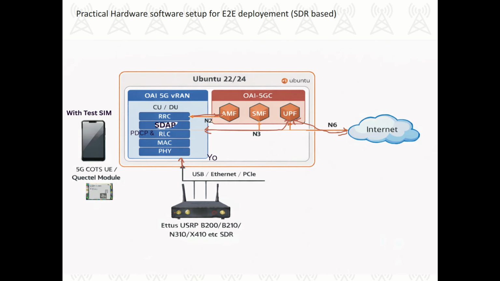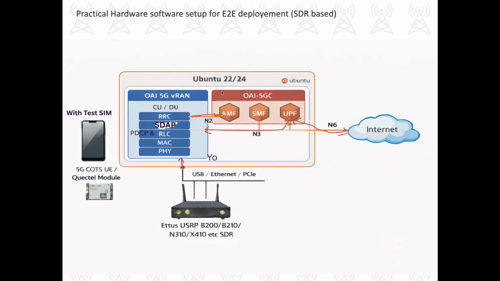Okay, so here is a little more detail about all the three actors. So basically what is the typical hardware software setup? Here you can see that some of the main modules of the OAI 5GC are shown, and then the RAN part, all the layers are there, and then we have typically Ubuntu 22 and 24.